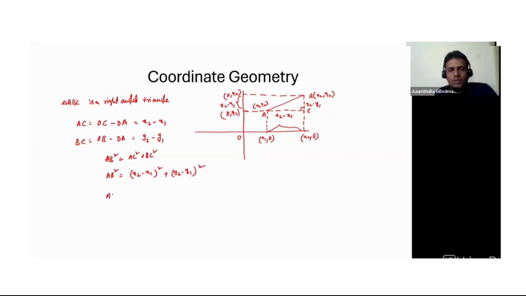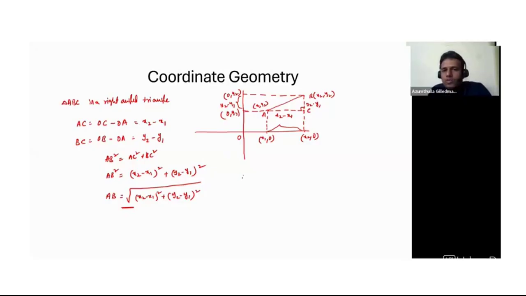Then what is AB? So the distance between the 2 points is square root of x2 minus x1 whole square plus y2 minus y1 whole square. So this is the formula for distance between 2 points x1, y1 and x2, y2.